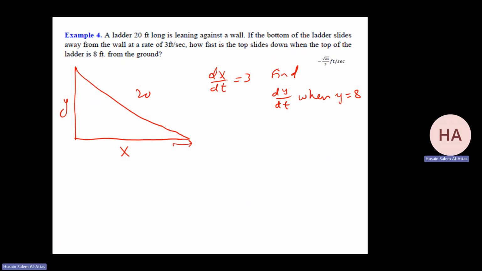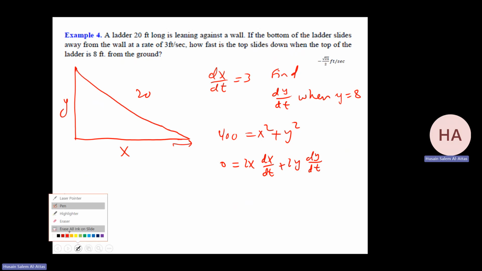No problem. What's the relation? 20 squared, 400, equals x squared plus y squared. Differentiate. I have 0 equals 2x dx by dt plus 2y dy by dt. What is new? Nothing new. This is given, this is given, this is the unknown.